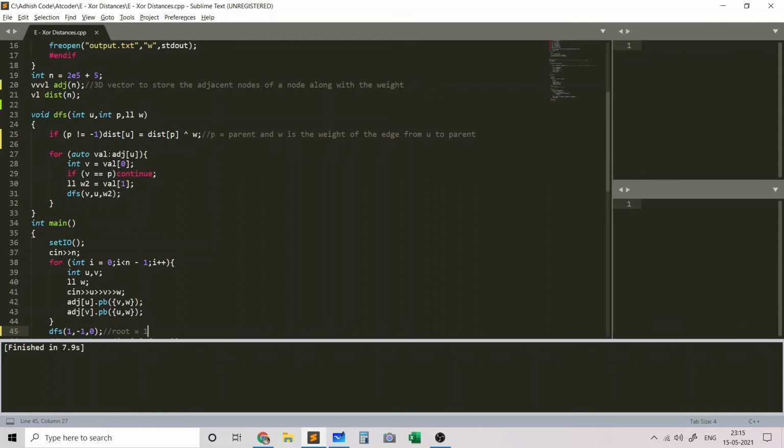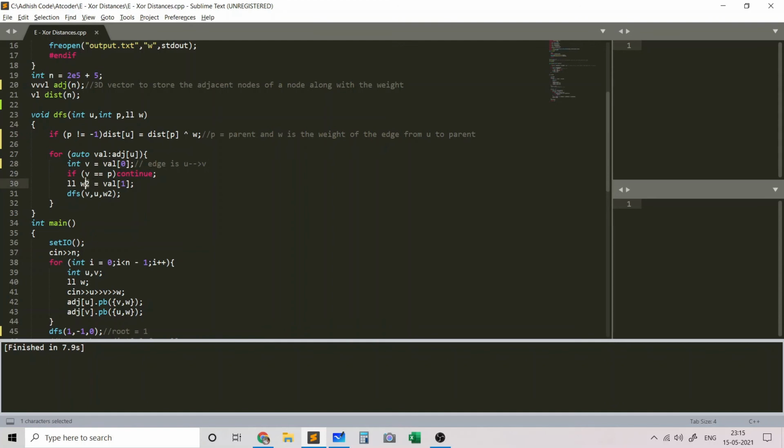Then for each adjacent vector I would compute v to be the edge from u to v, so v is the child of u, and if v is the parent then we would continue.